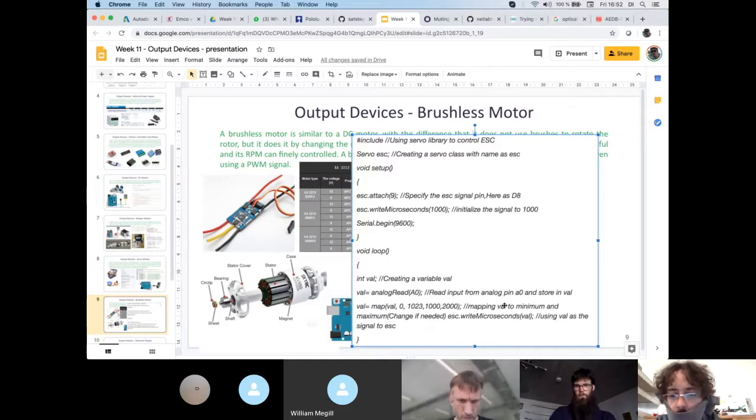Then x.write microseconds writes the value inside the motor speed controller, the electronic speed controller. So it's like controlling the motor directly.